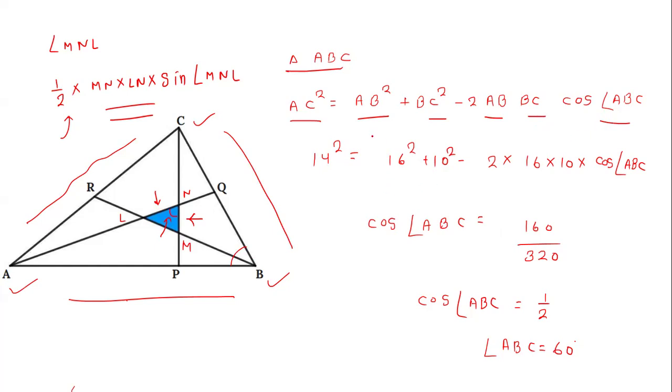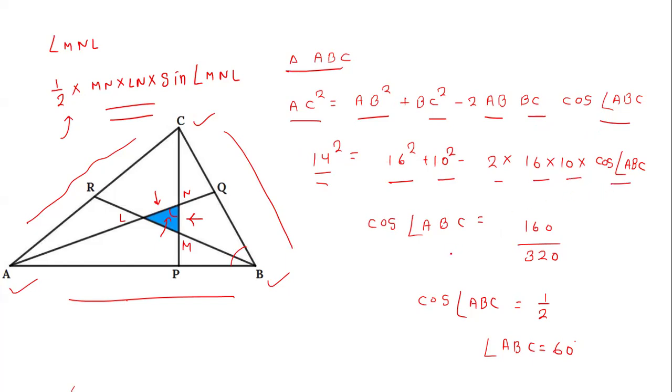In the problem AB is given as 16, so 16 square, BC is given as 10, so 10 square, and AC is given as 14, so 14 square, and minus 2 times 16 times 10 times cos of the angle we have to find out.